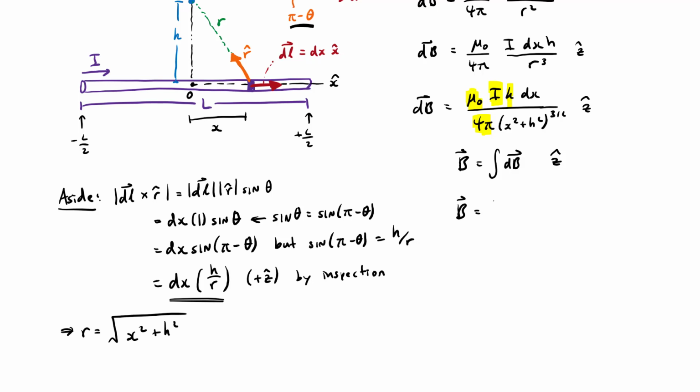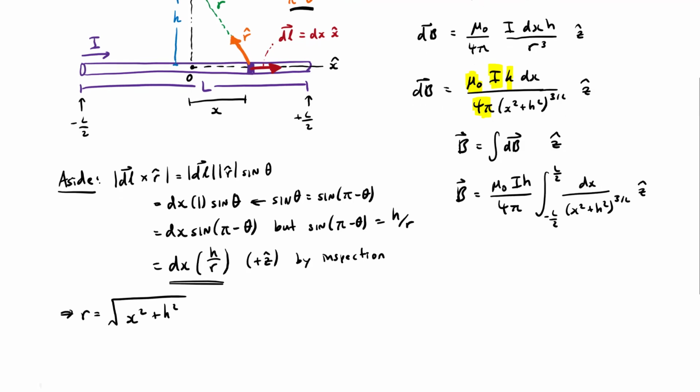So I have mu naught I h over 4 pi times the integral from negative L over 2 to L over 2 of dx over x squared plus h squared to the power of 3 over 2 in the z direction.